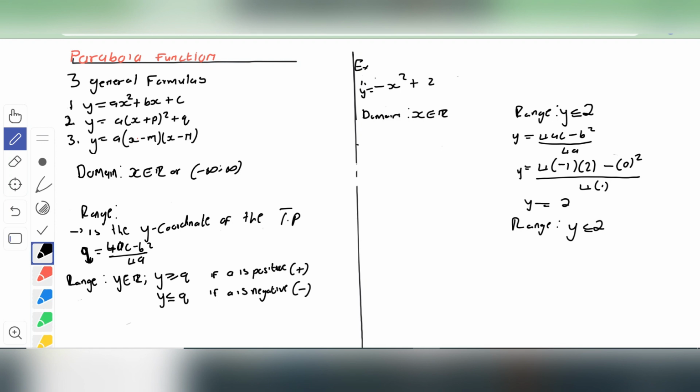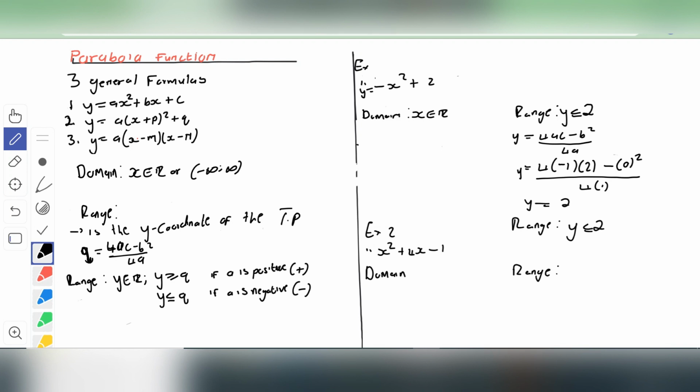Okay, for the second example, let's say we have x squared plus 4x minus 1. Then you are instructed to calculate the domain and the range.